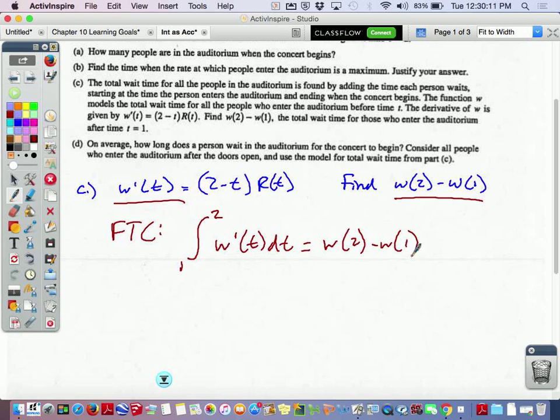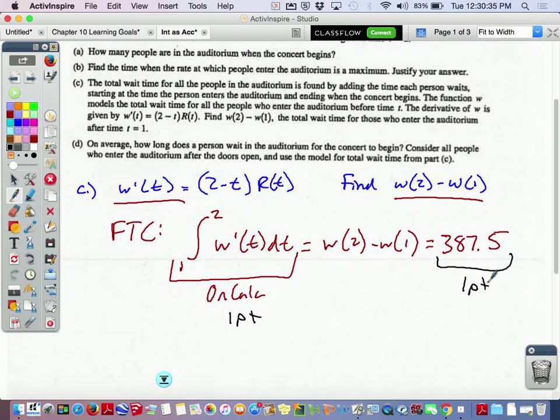Here's the good news. We can get this integral value here on the calculator. So we plug that into the calculator, and this comes out to be 387.5. And this is a 2-point question. You get a point for the integral, and then a point for the answer. But the key piece in this one is the fundamental theorem of calculus.